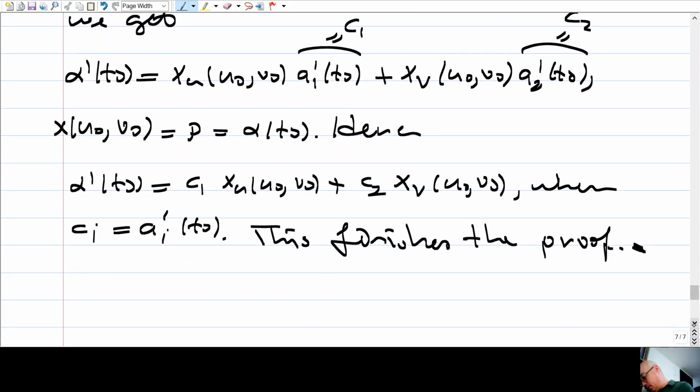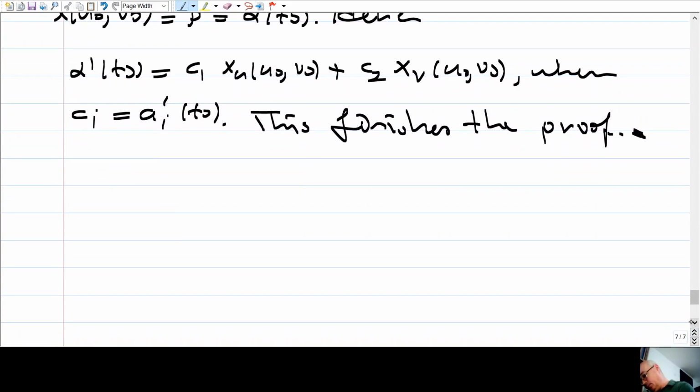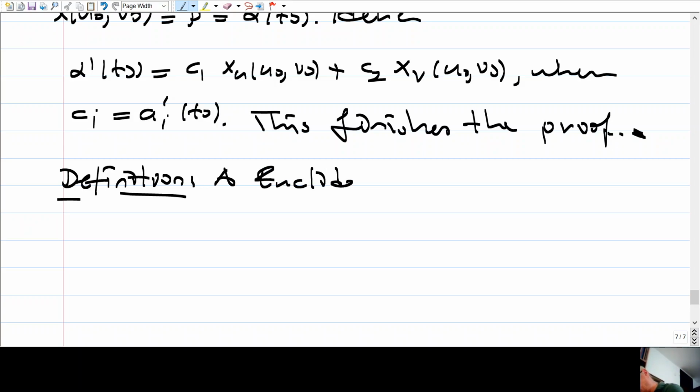Okay, here is another definition which we will need a lot later. A Euclidean vector field. We have seen vector fields in R3.